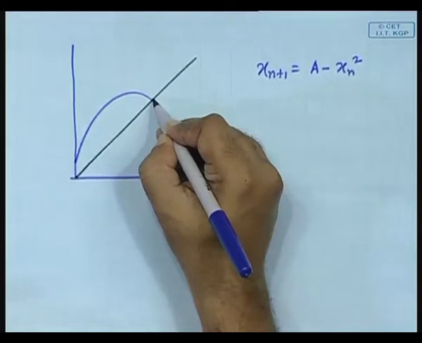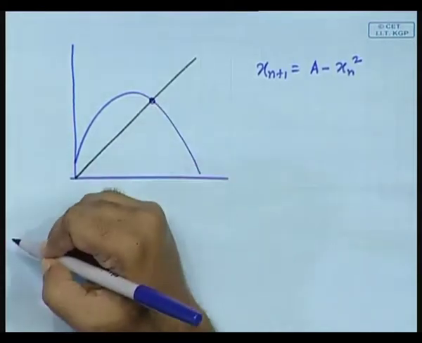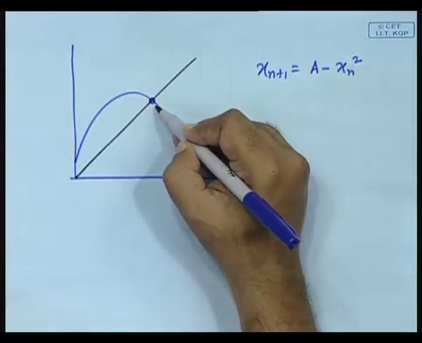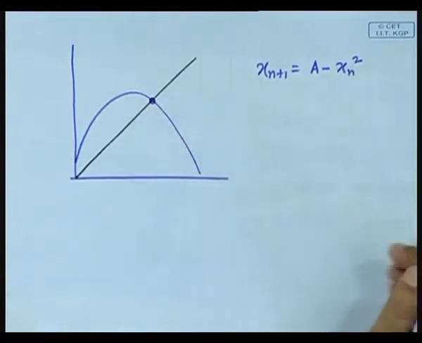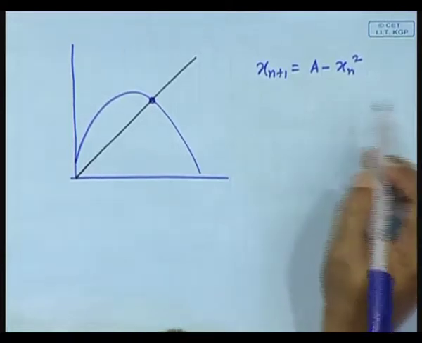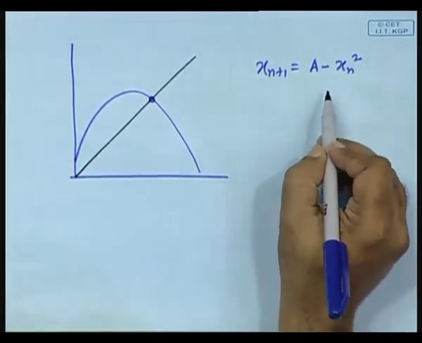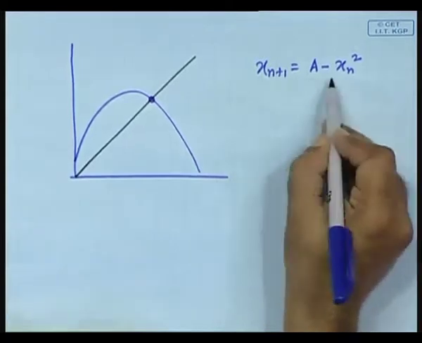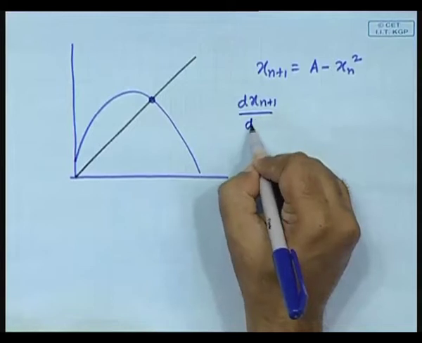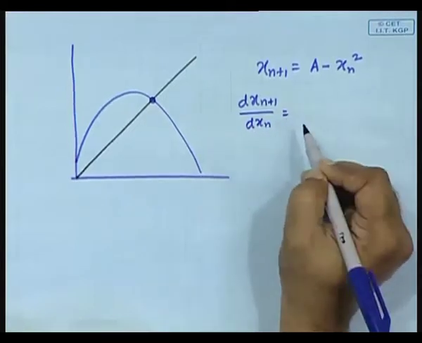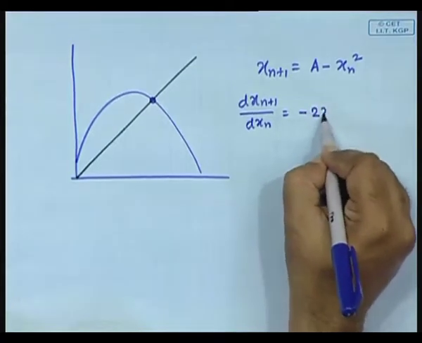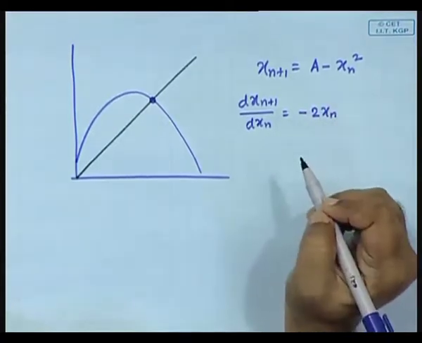So, where is the equilibrium point? Where is the fixed point? Here. And what is the slope of this? Notice we can do that by hand. How? What is the slope of this? dx n plus 1 by dx n is equal to minus twice x n.